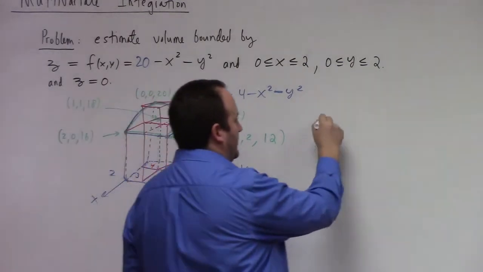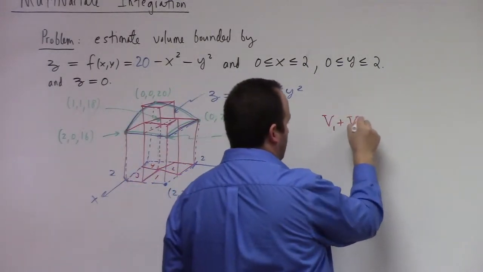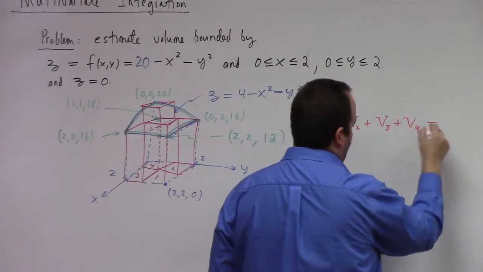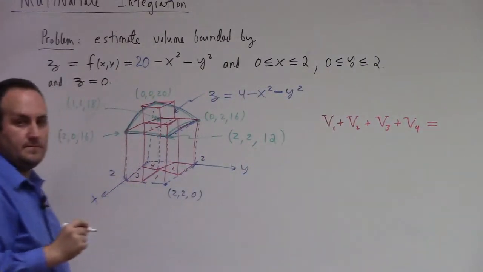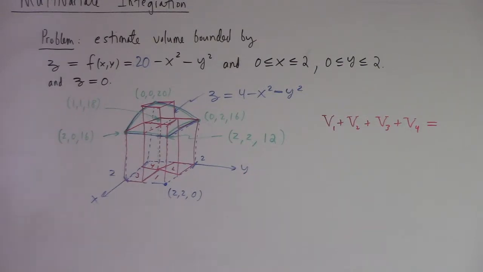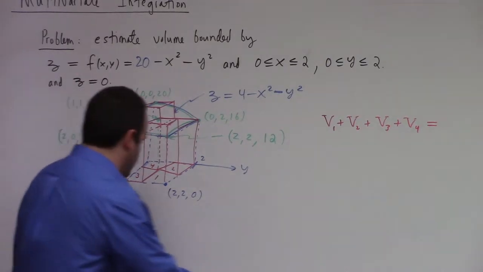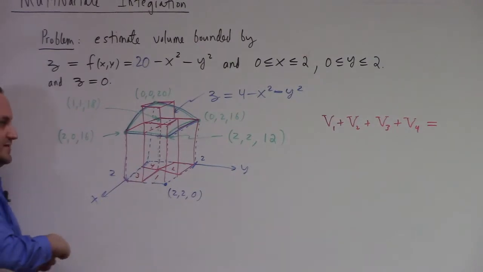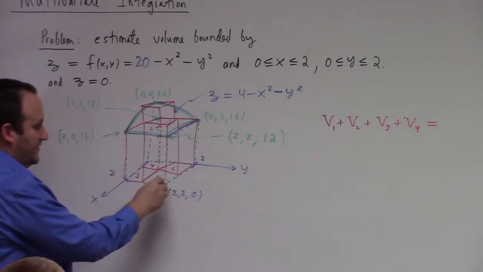What would the volume of 1 be? So the volume of 1 plus the volume of 2 plus the volume of 3 plus the volume of 4 would be equal to what? Maybe you can improve on my picture. I'm sure you could. So what do I need? I need the area times the height, right? So what's the area of each one of these?